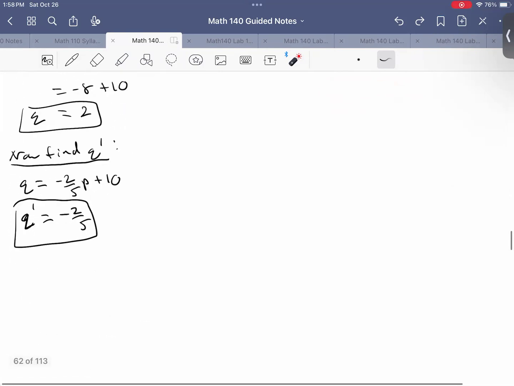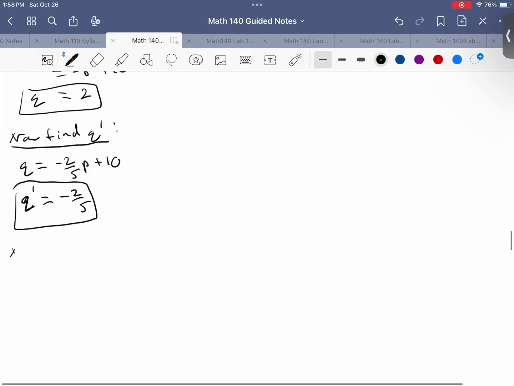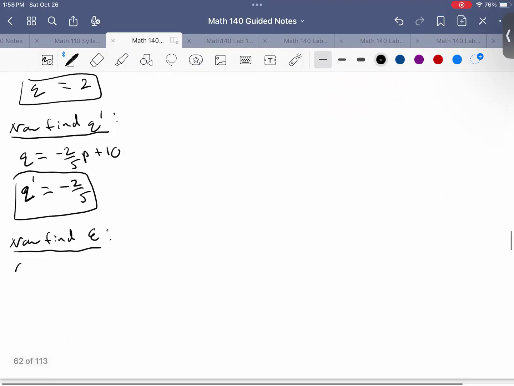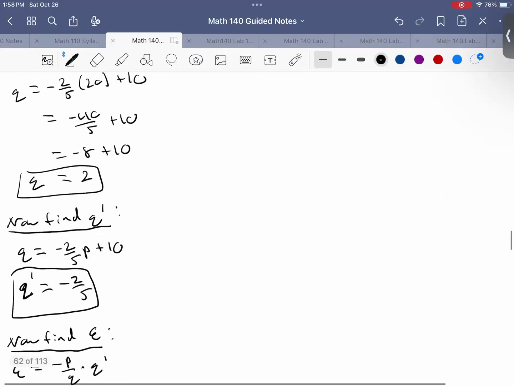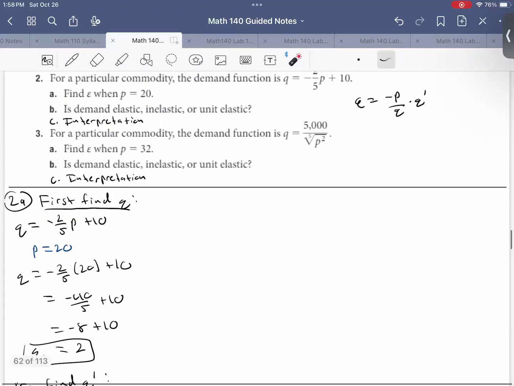So I'll say here, now find the point elasticity epsilon. So remember, epsilon equals negative P over Q times Q prime. And let's go ahead and plug in all the things we have. So epsilon equals negative P. Remember, P was 20.